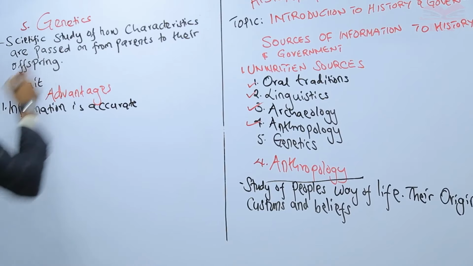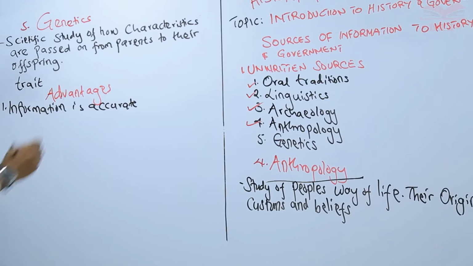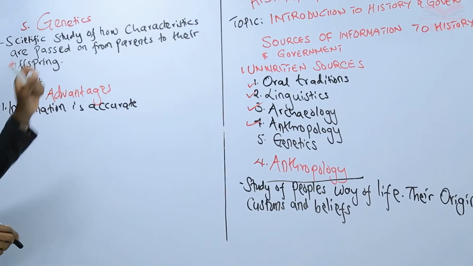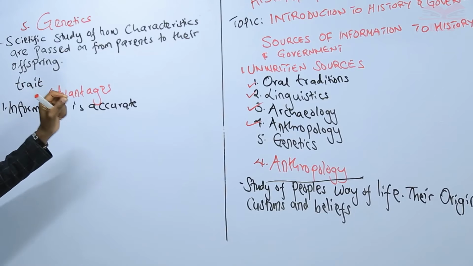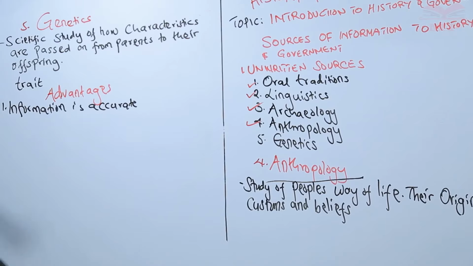Remember, we are talking of science. There are experiments that are carried out to confirm that whatever is being studied is real. So for the animals or the plants being studied, there is evidence. There are experiments that have been carried out. So the information that is gotten from genetics is very accurate.